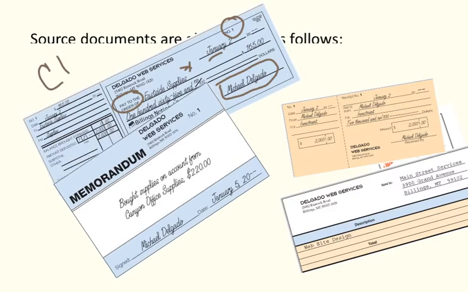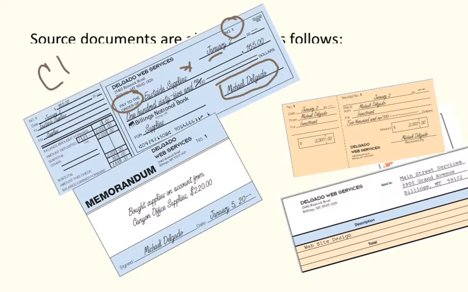Now let's look at the next source document, a memorandum. This one's kind of interesting because a memorandum is in-house communication within the business. That's what in-house means. So someone has let the accountant know that they bought supplies from Canyon for $220 on this date, which means they took the cash or a check or whatever.